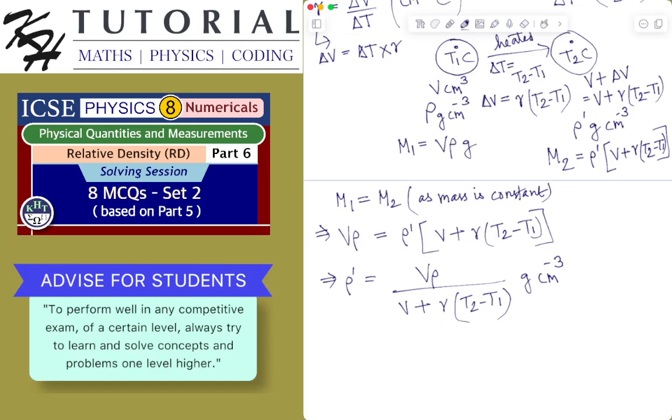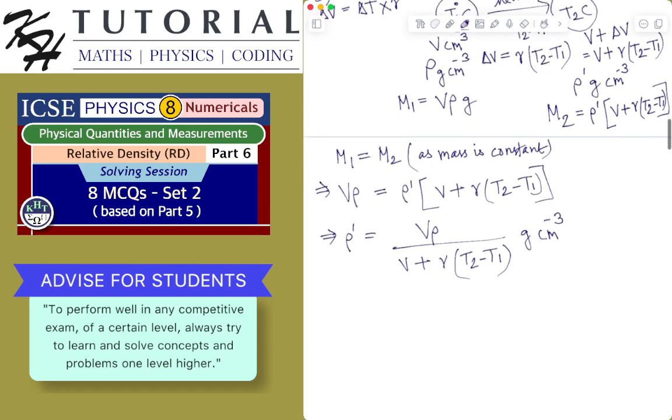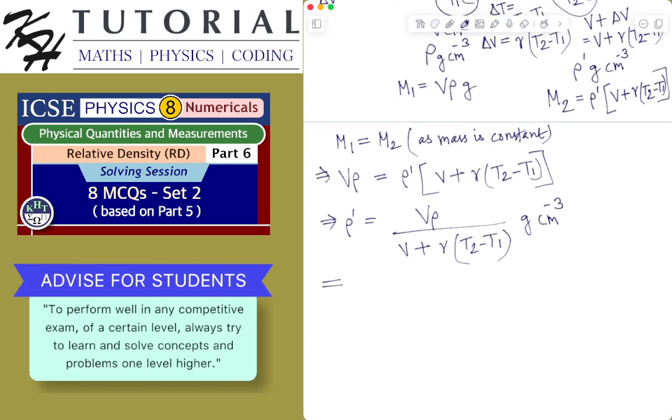So now we can easily find its relative density. If you know the density of a body in gram per centimeter cube, then the relative density will be the same value as the density. So RD, the relative density of the substance at T2 degree centigrade, is nothing but V rho divided by V plus gamma T2 minus T1.